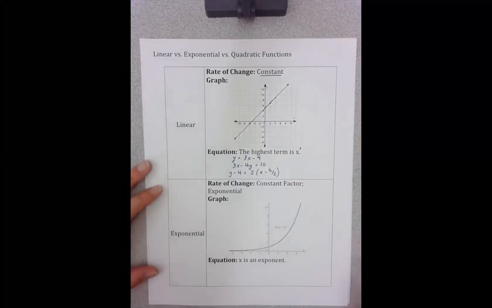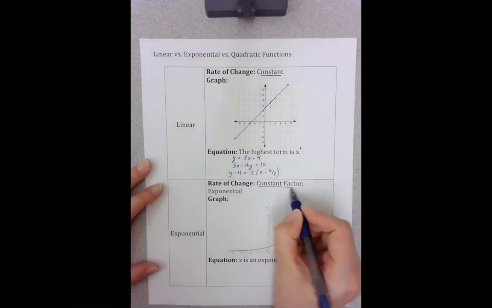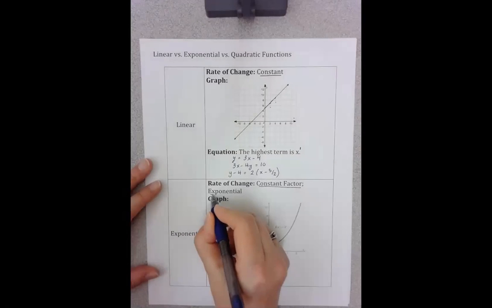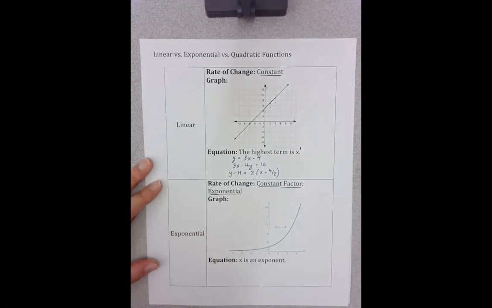Now, for exponential functions, our rate of change, we can talk about it in two ways. In Math 1, we often talked about it as being a constant factor. It turns out that exponential is a little bit extraordinary because the rate of change is actually an exponential rate of change. Turns out that if I just keep finding rates of change over and over and over again for exponential, those rates of change will continue. Each time will still be in the pattern of an exponential.